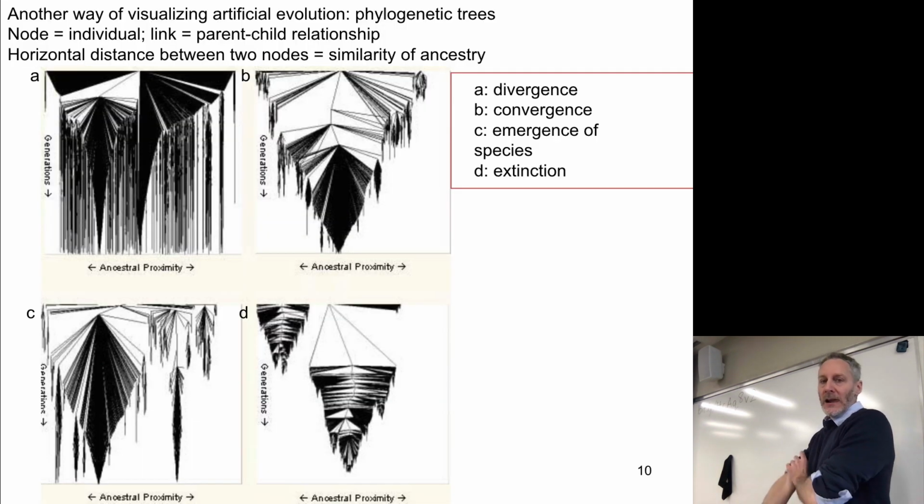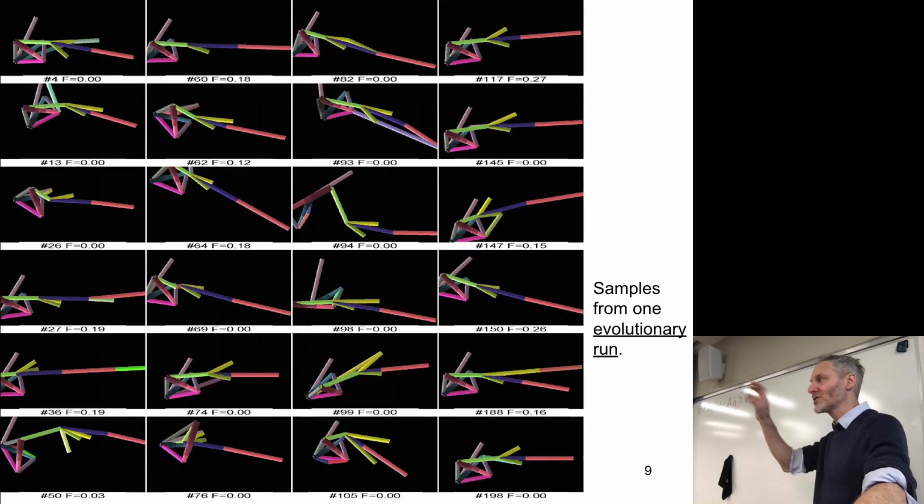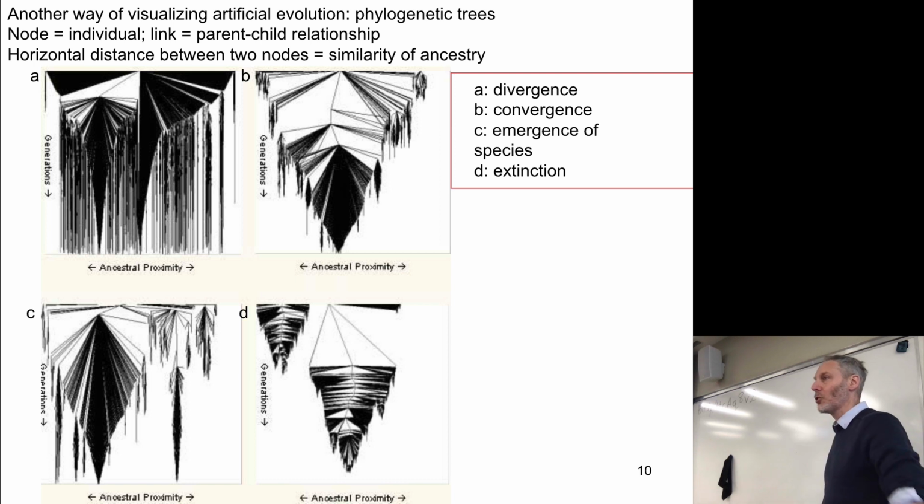Okay. Here was an attempt to do this not in an anecdotal way by just looking at screenshots, but in a quantitative manner. If you've ever taken a biology class, you've probably seen a picture that looks like this before. These are phylogenetic trees. We've usually got a root up here somewhere. This is a common ancestor.